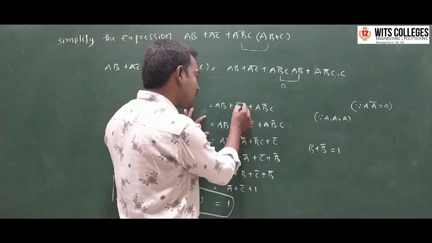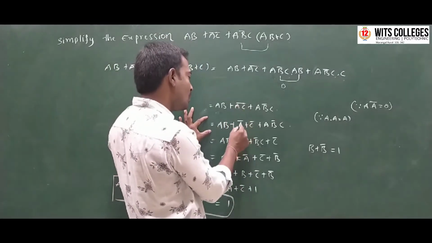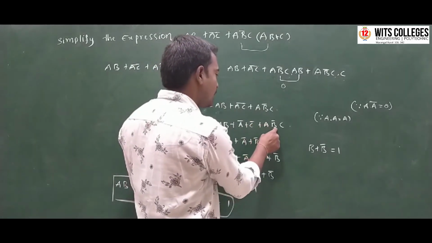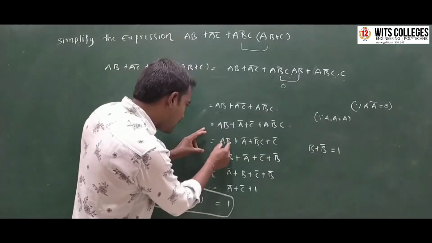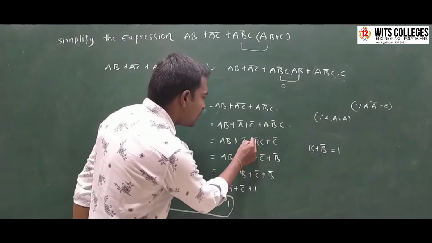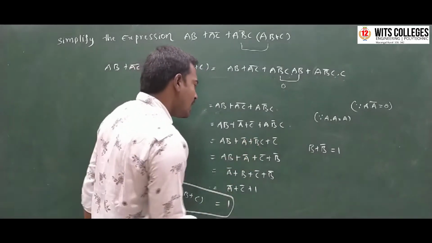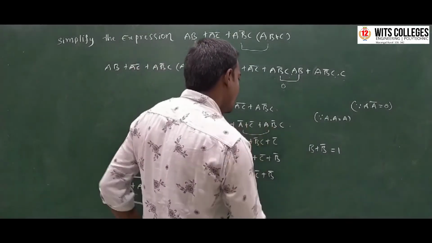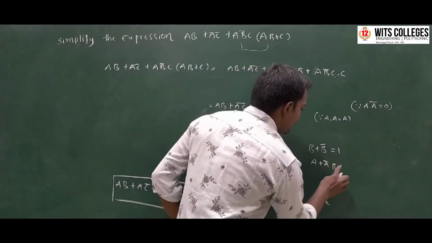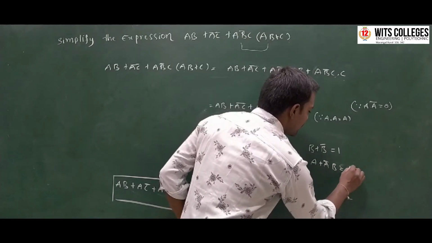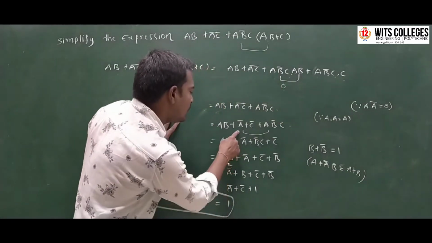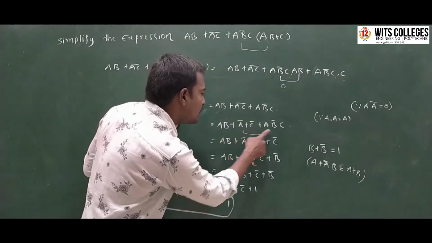So here I am expanding AC whole bar is equal to A bar plus C bar plus the remaining term A into B bar C, and here AB as usual common plus A bar plus B bar C. See here, this term we have like A plus A bar B, that can be written as A plus B.